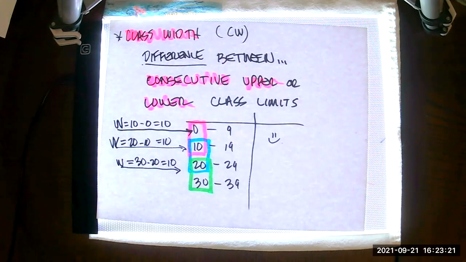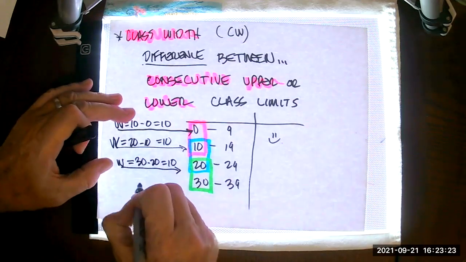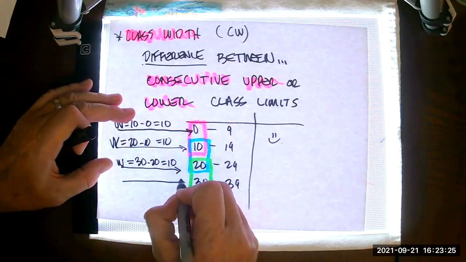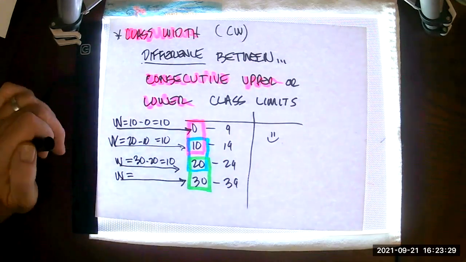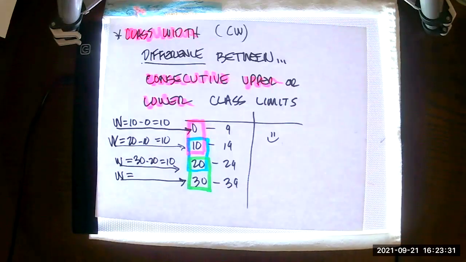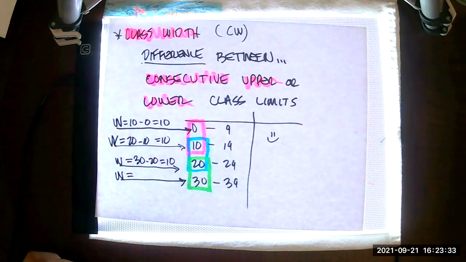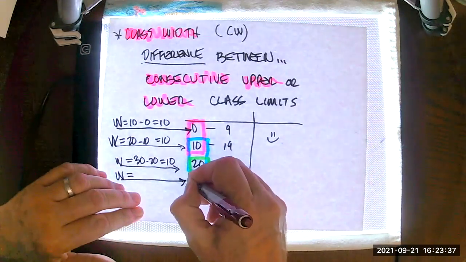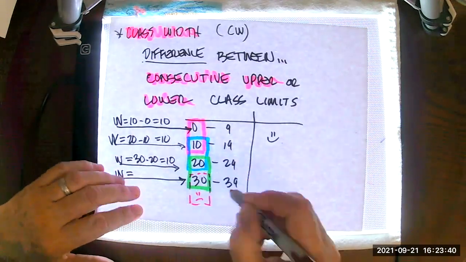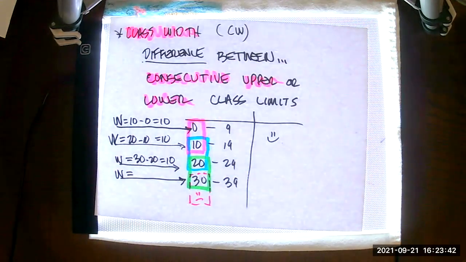When I come to the last class, the rule I've been using so far has a bit of an issue. If I try to use consecutive lower class limits, there's not another consecutive lower class limit.